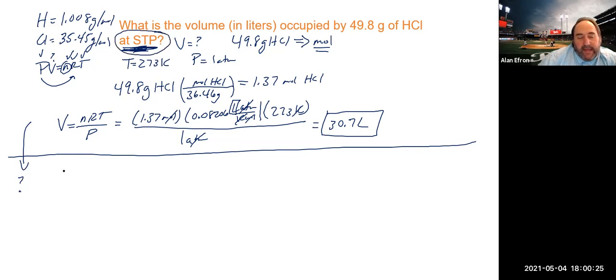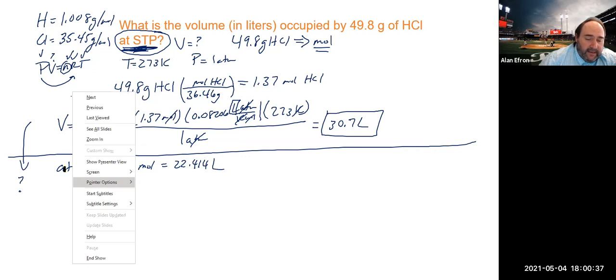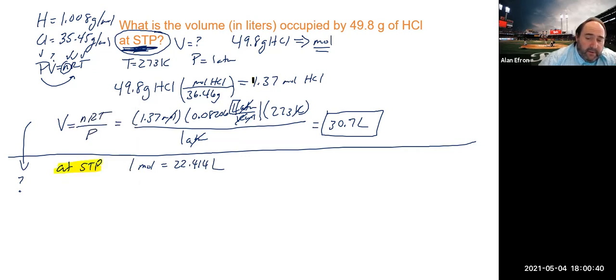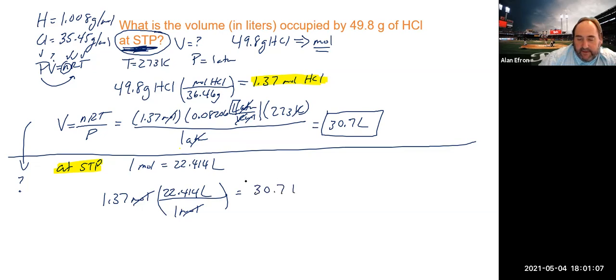So you could have used at STP conditions what we just saw, which was 1 mole of any gas is equal to 22.414 liters, which means you could have, in this particular case, because it's at STP, picked up from where our moles are and taken our moles of 1.37, using this as a conversion factor, 22.414 liters on top, 1 mole on the bottom. They cancel. That ends up getting us 1.37 times 22.414, 30.7 liters, exact same number as you got upstairs there.